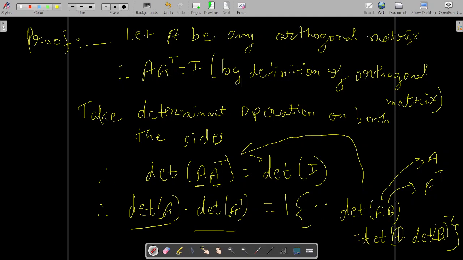This is the thing. Let me write this once again. What we have got is determinant A multiplied by determinant A transpose, and this is equal to 1.